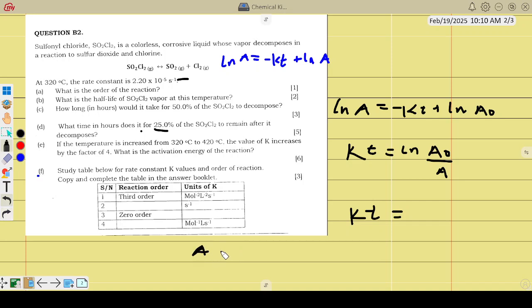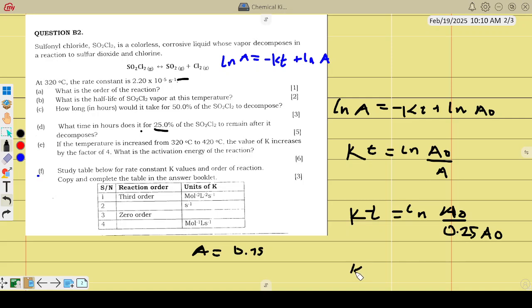So we say A is equal to 0.25 of the initial. So we say ln A naught over 0.25 of the initial.